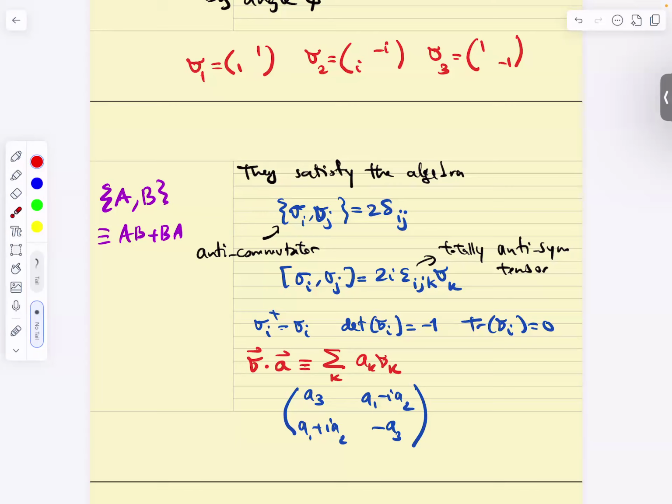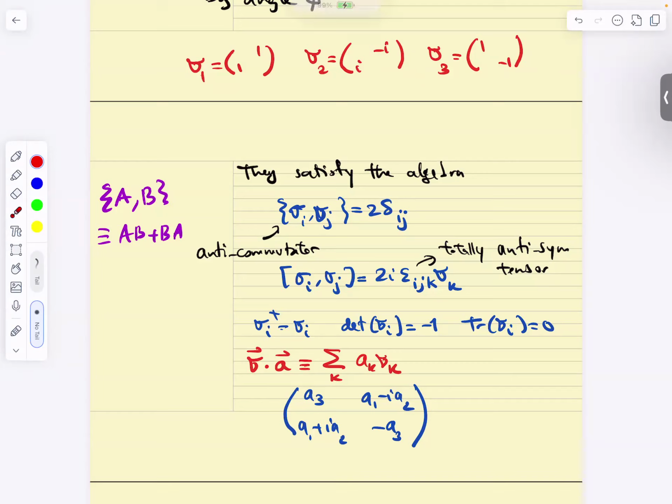I'm listing properties. Then the commutation relations are these epsilon_jk thing that we discussed. They are all traceless. It's just a fact: take the trace of them, it's 0. And they all have determinant -1.